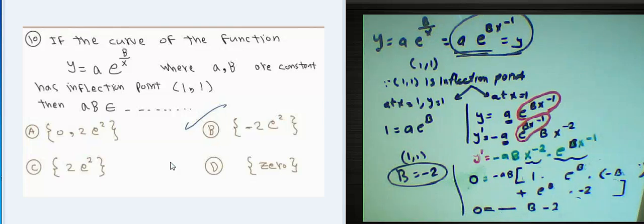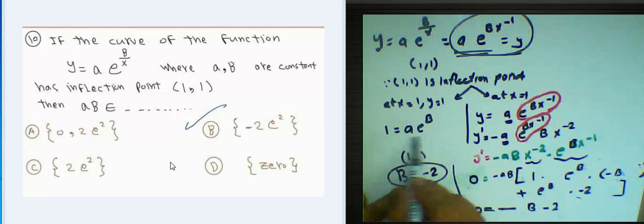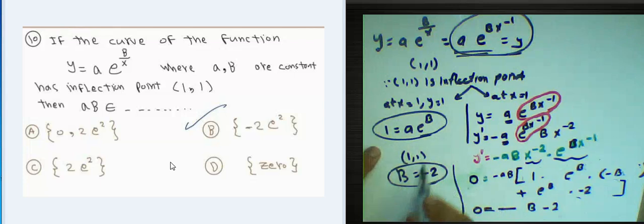Okay, we want to find a times b. When b equal negative 2, we can find a from this relation. 1 equal a times e power negative 2. I want to find a, then a will be the inverse, divided by e power negative 2, then a will be e power 2.